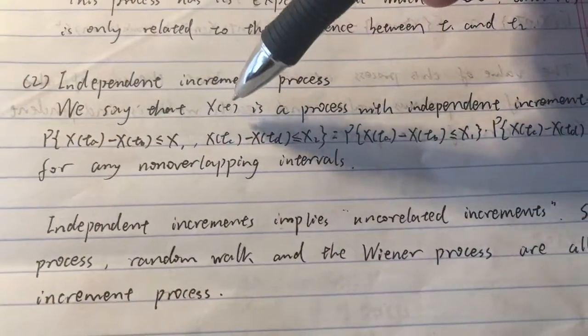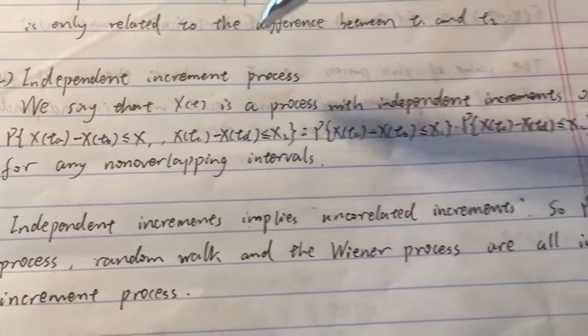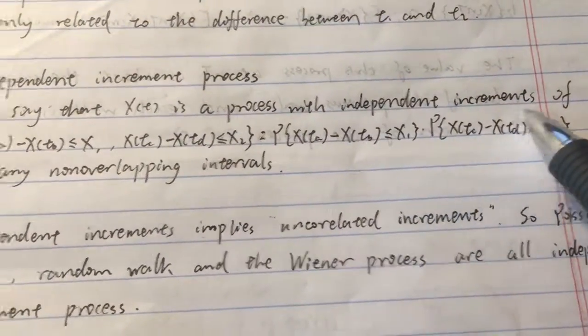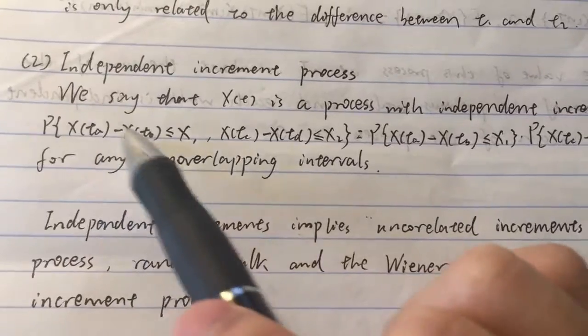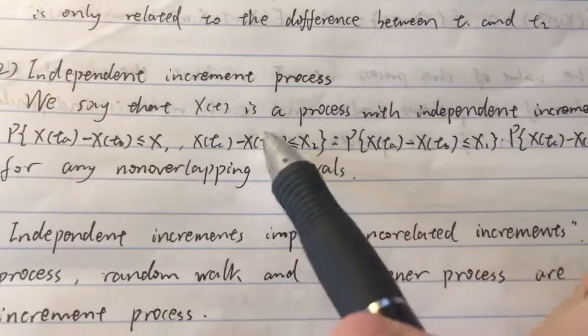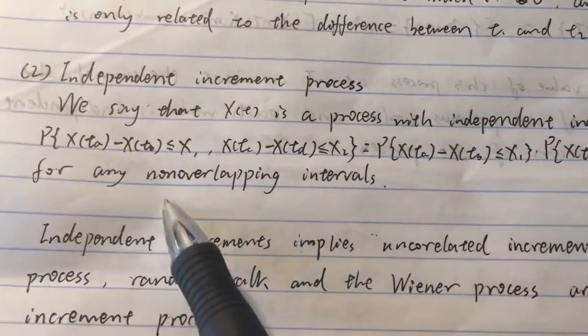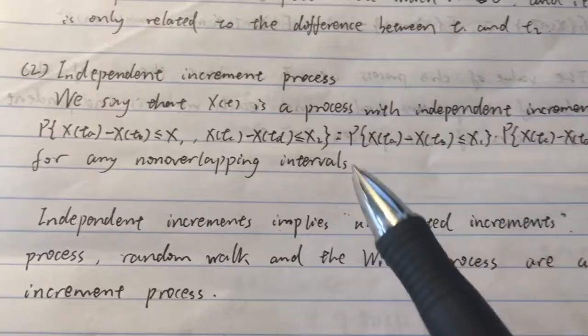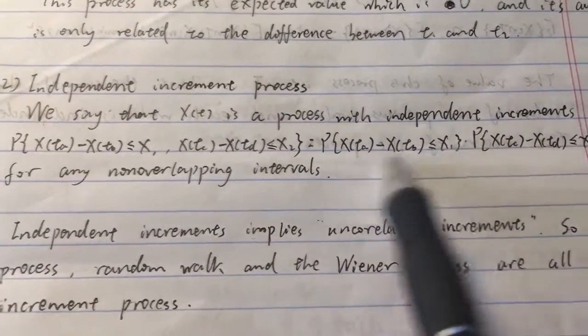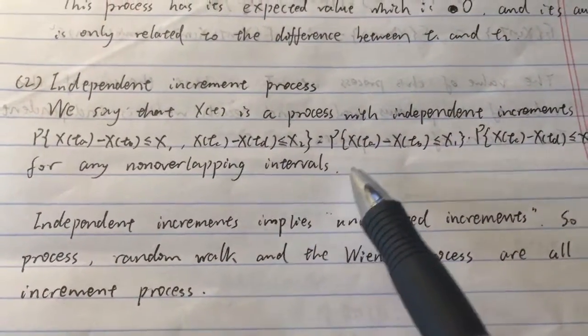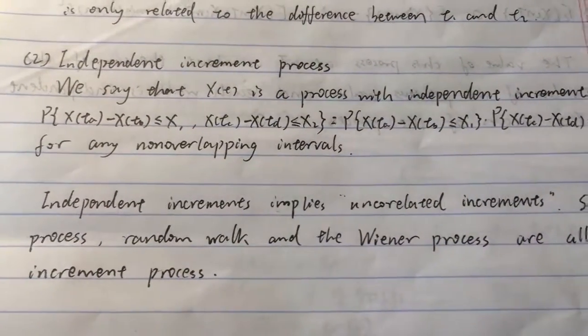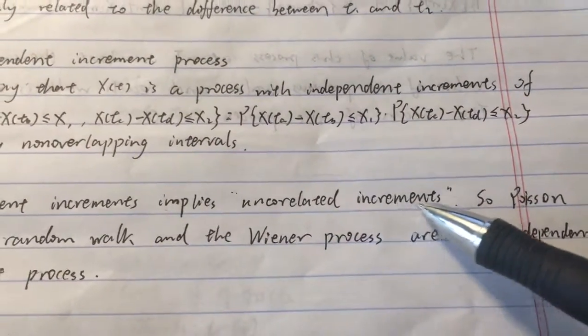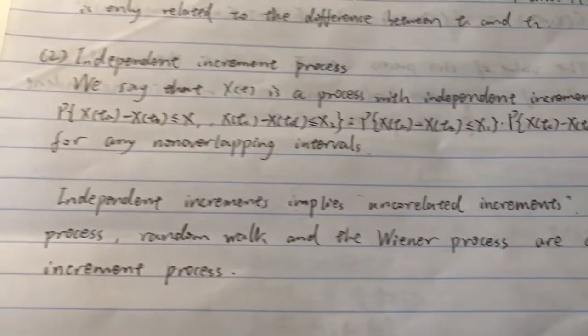We say that a process x(t) has independent increments if the probability of these two increments equals this, both of them independent of each other. So the probability is in this form for any non-overlapping intervals. Independent increments implies uncorrelated increments.